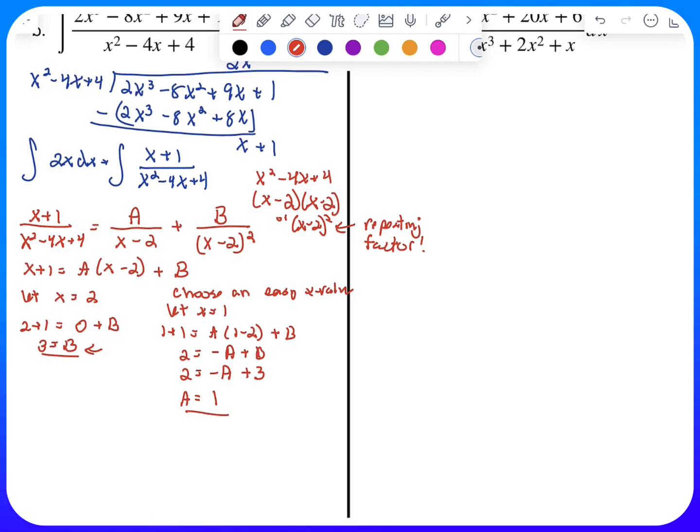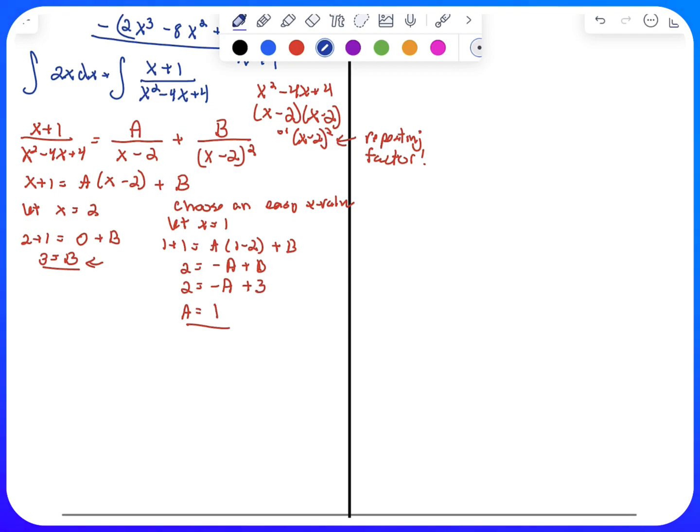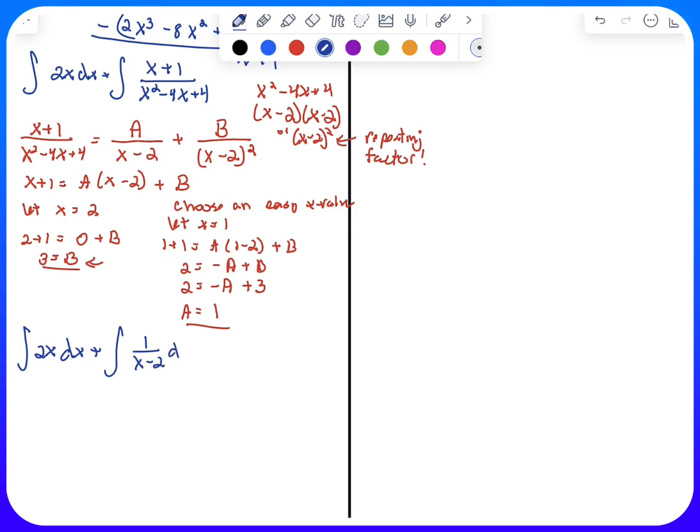All right, so I can rewrite this problem as the integral of 2x dx, don't forget that term. And then we can break up this second one as the integral of 1 over x minus 2 plus the integral of 3 over the quantity x minus 2 squared dx.